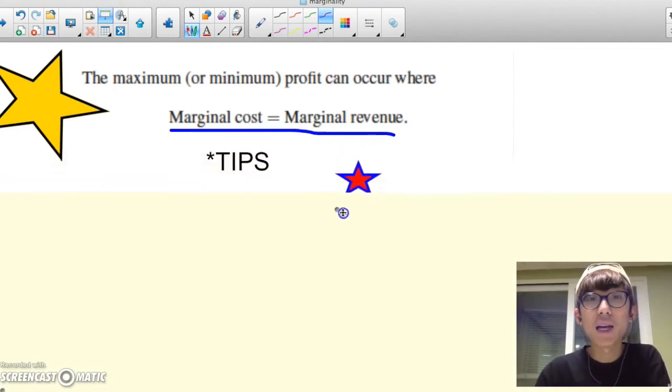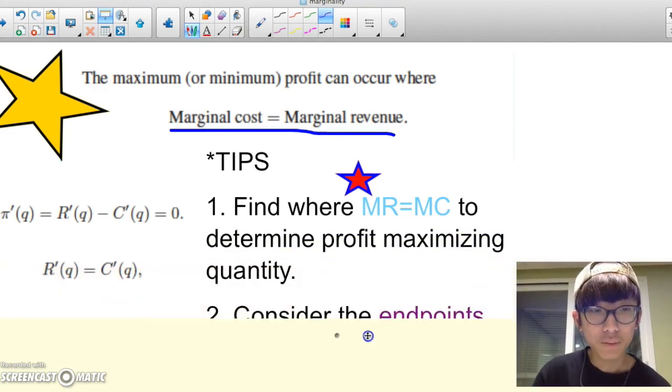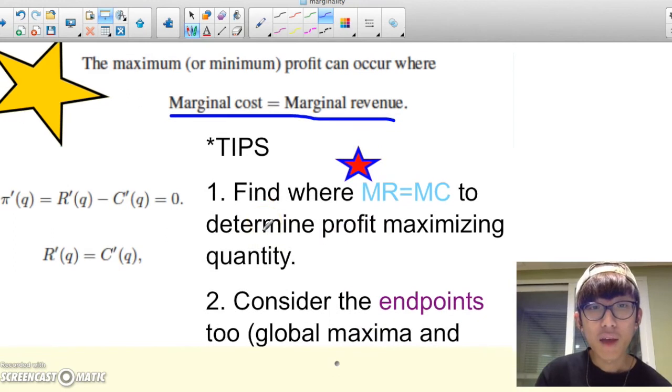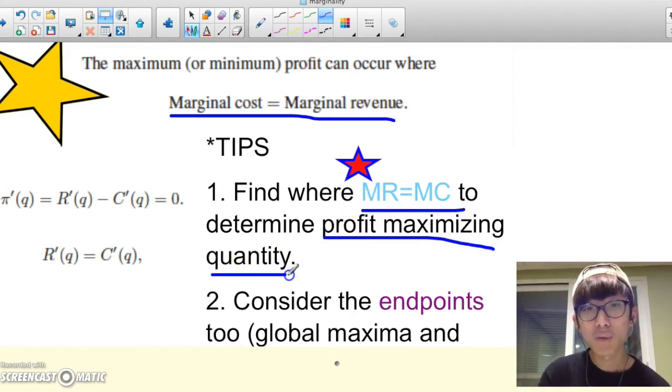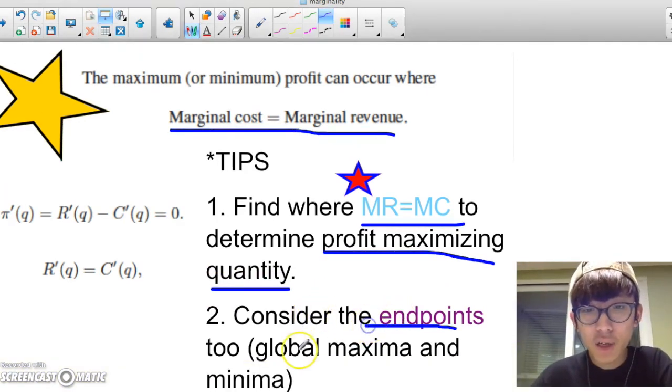That's the profit maximizing point. And the tip for finding the maximum profit quantity is to find MR equals MC and determine the profit maximizing point, and it's probably the local maximum or local minimum. However, you also have to consider the endpoints and the global maxima and minima.